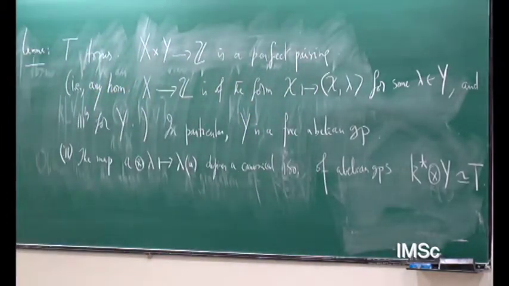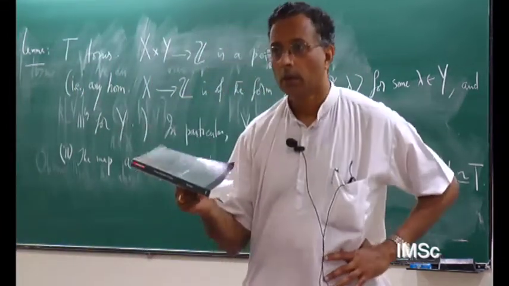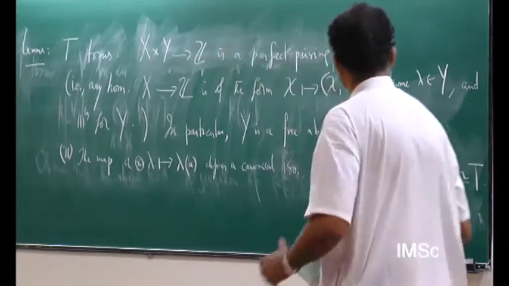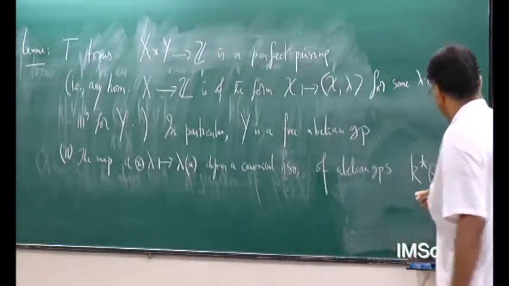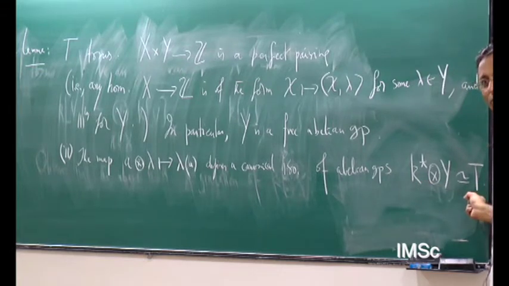See, T is a diagonalizable subgroup, which means it's isomorphic to some D_n. I mean, it's more than being diagonalizable, it is isomorphic to some D_n. That's our definition of what a torus is. This gives a canonical isomorphism.